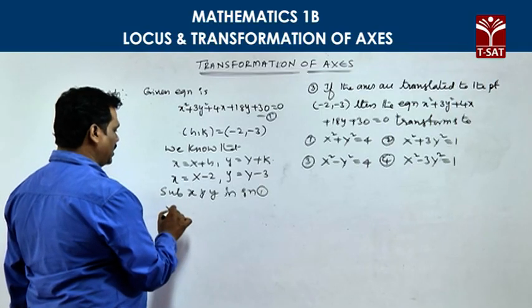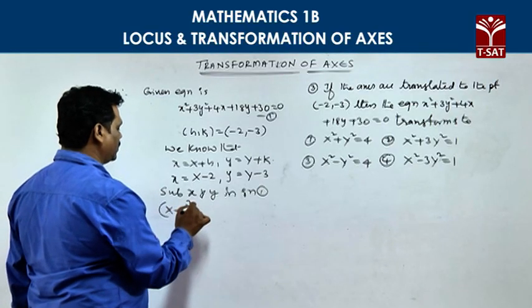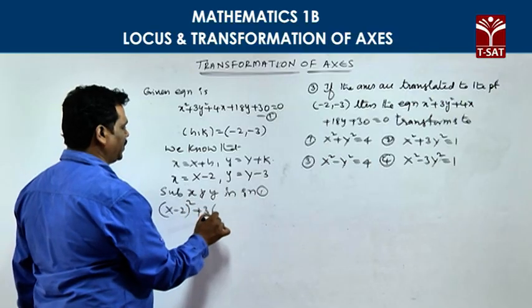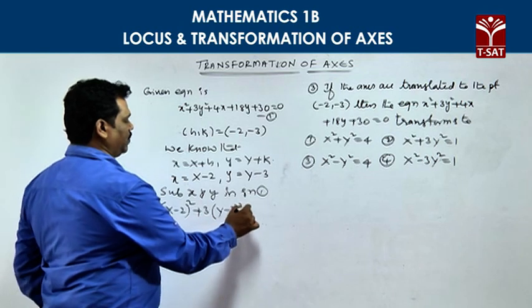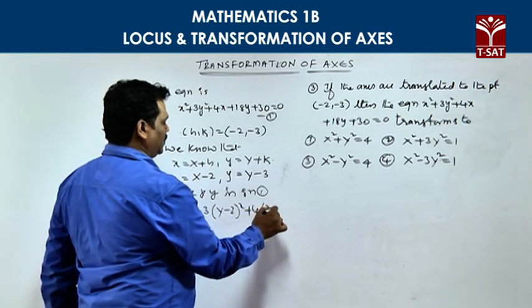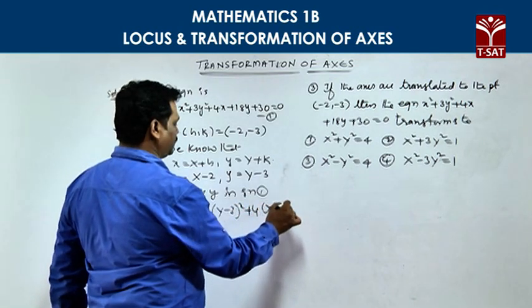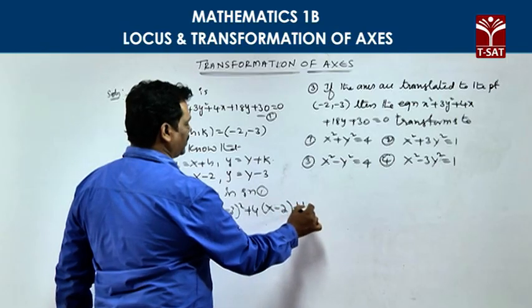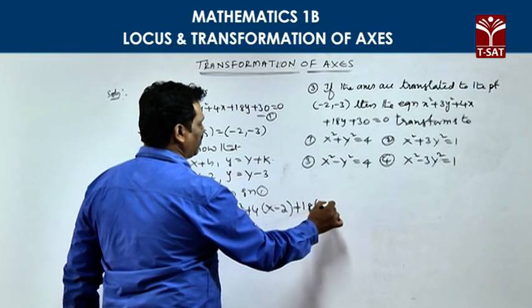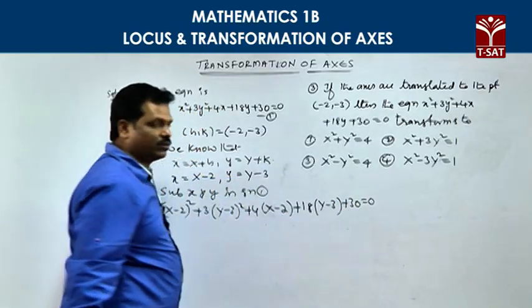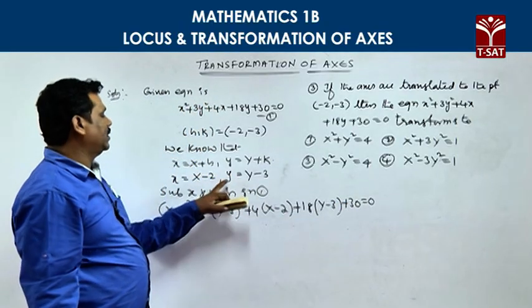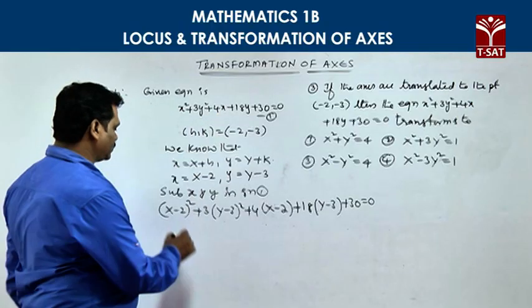(X - 2)² + 3(Y - 3)² + 4(X - 2) + 18(Y - 3) + 30 = 0. Substituting small x and small y in equation number 1.